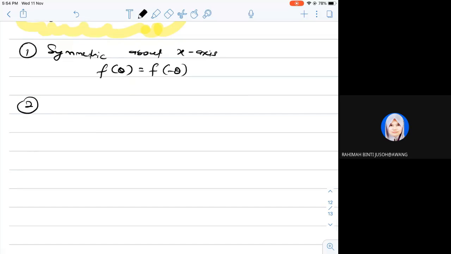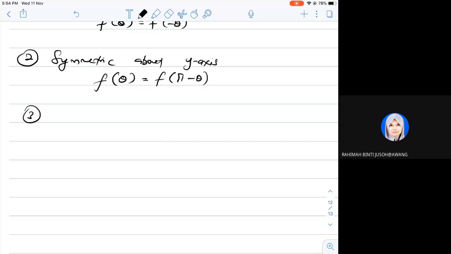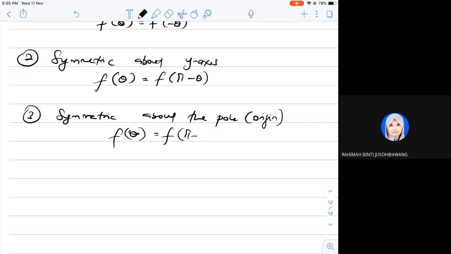Symmetry yang kedua, we have symmetry about y axis. We need to show that f theta is equivalent to f pi minus theta. And then number 3, symmetry about the pole or origin. We need to show that f theta is equivalent to f pi plus theta.